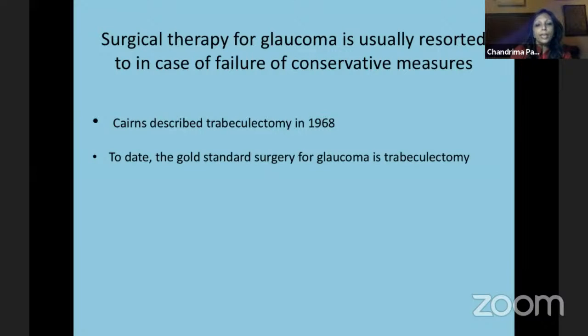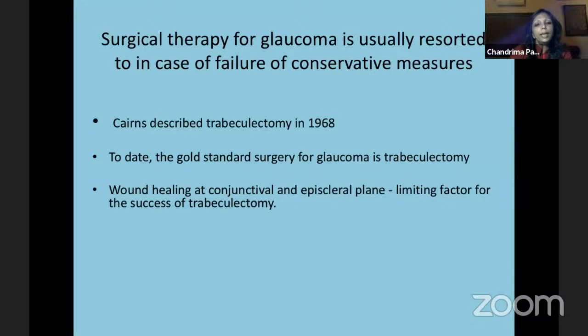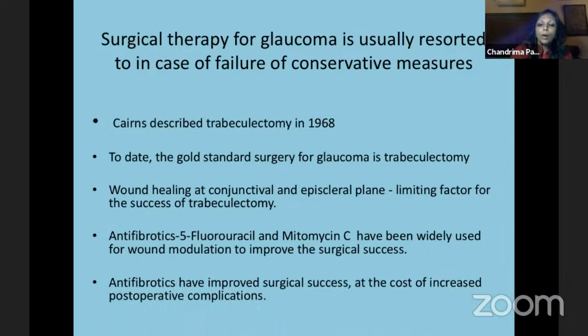To date, the gold standard for glaucoma surgery is trabeculectomy. Wound healing at the conjunctival and episcleral plane is the limiting factor for the success of trabeculectomy. Antifibrotics like 5-fluorouracil and mitomycin C have been widely used for wound modulation to improve the surgical success. However, they have been a little costly to us in terms of post-operative complications.